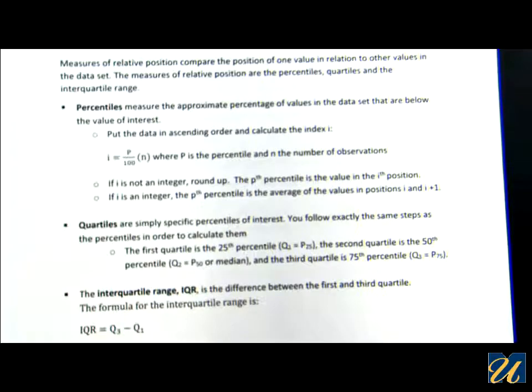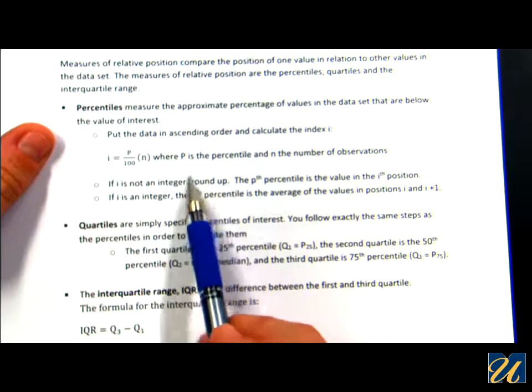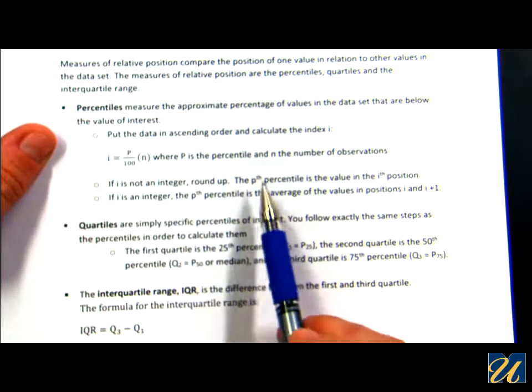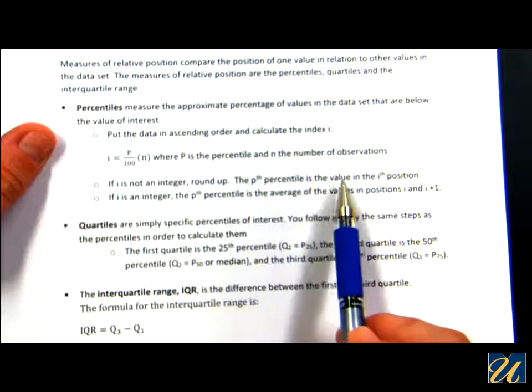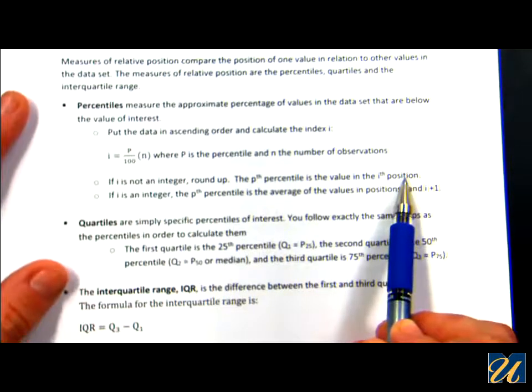Now, the tricky part starts after you calculate the index I, because once you calculate the index I, you're going to end up with either an integer or a non-integer. Now, if I is not an integer, what you need to do is round up to the next convenient number, and the specific percentile will be the value in the position that you have rounded up to.